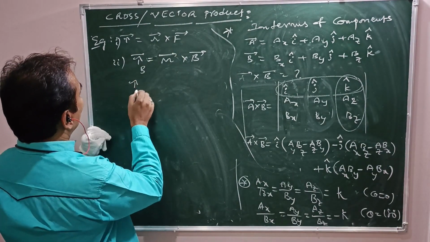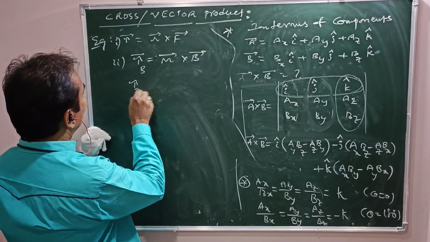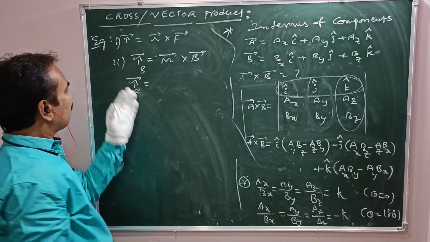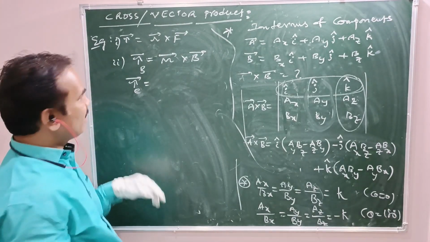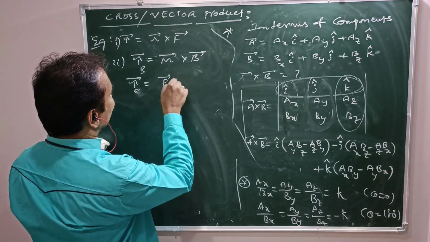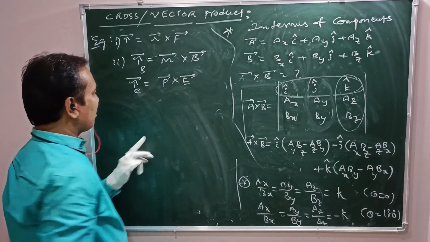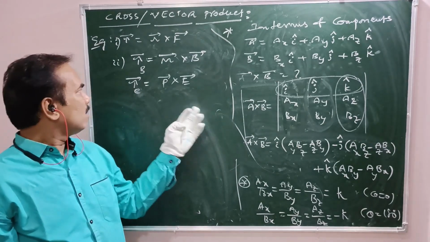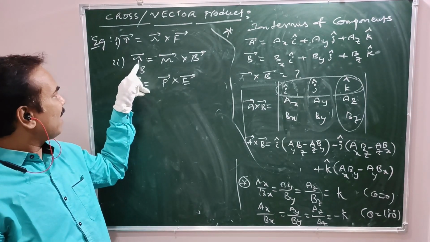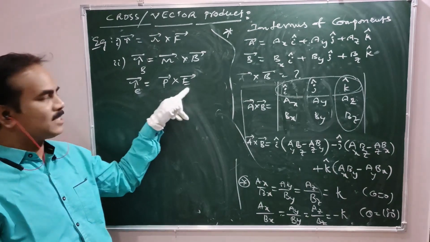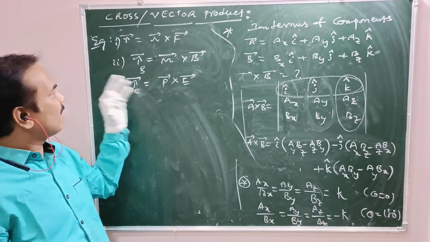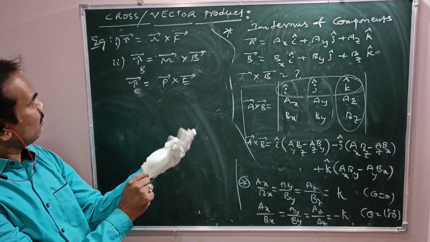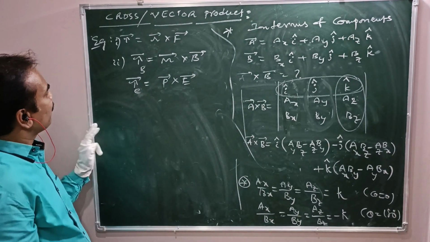Similarly, torque tau e, electric field, torque acting on an electric dipole, that is p bar cross e bar. P bar means electric dipole moment, e bar means electric field. So m bar cross b bar is the torque acting on a magnetic dipole, p bar cross e bar is the torque acting on an electric dipole, r bar cross f bar is the torque acting on a device, okay, right?